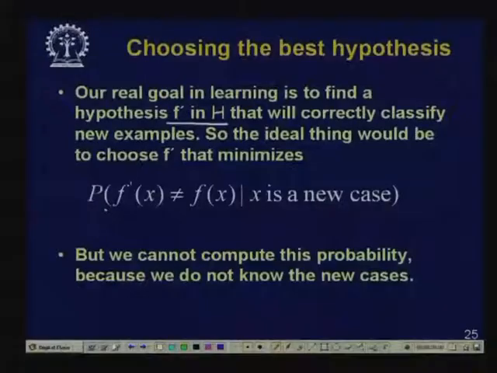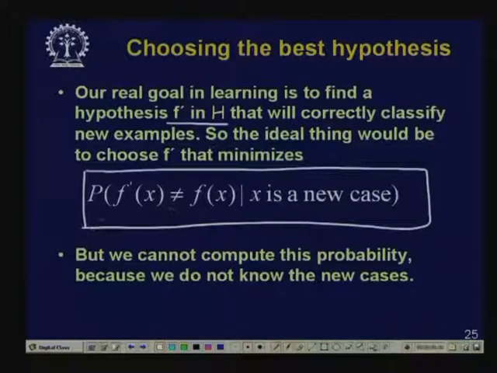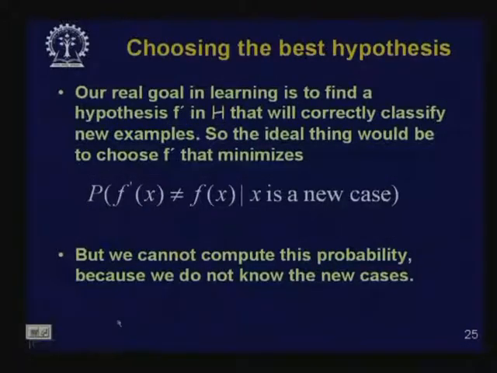The ideal thing would be to choose that hypothesis f' that minimizes the probability that f' misclassifies the concept. f is what we are trying to learn, f' is what we have. We want f and f' to be very close, but we cannot compute this probability because we do not have all the cases with us.